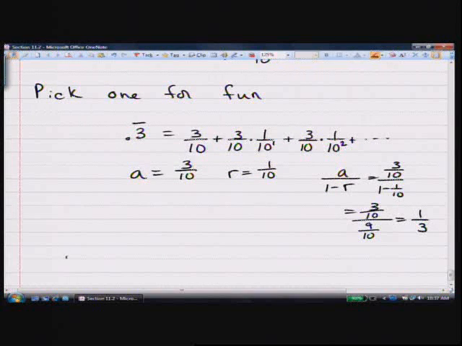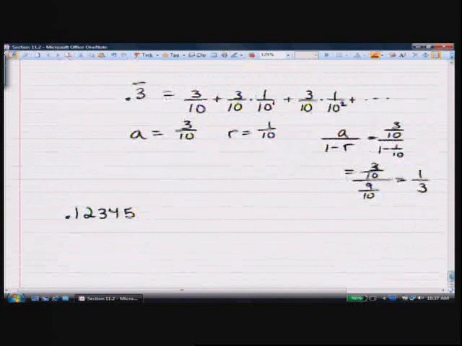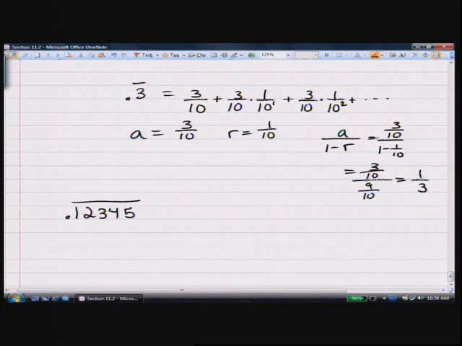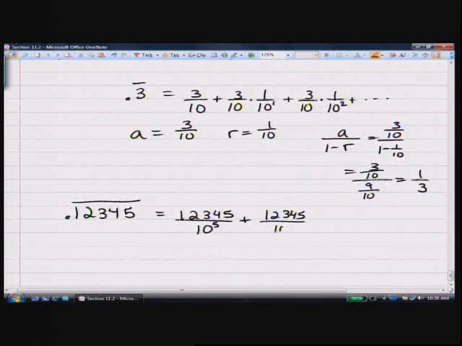Okay, now let's do Brandon's. 1, 2, 3, 4, 5. That's your repeating decimal. I'm going to say that this is 1, 2, 3, 4, 5 over 10 to the 5th, because that's the first term. And now to continue that, it's going to be this times 1 over 10 to the 5th.